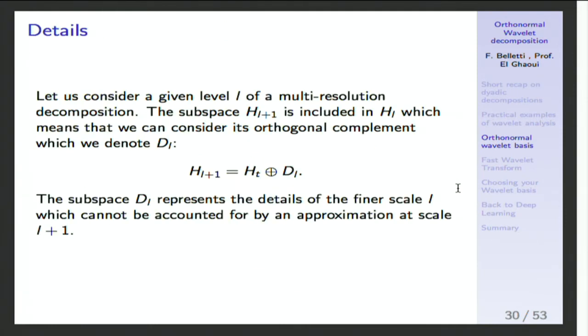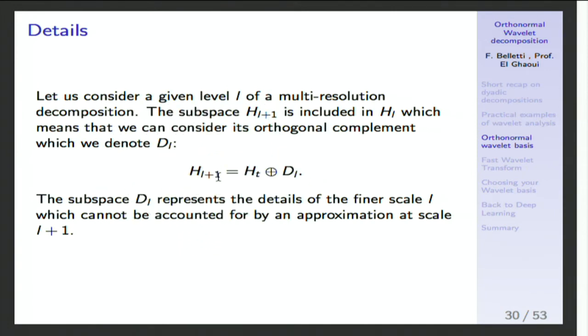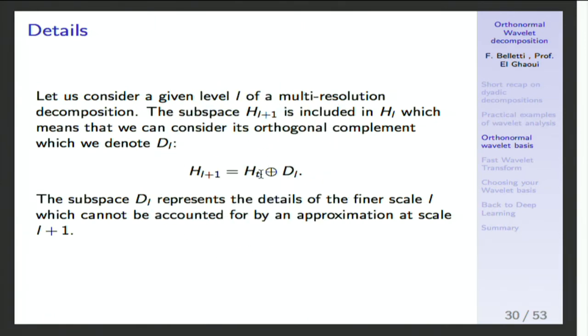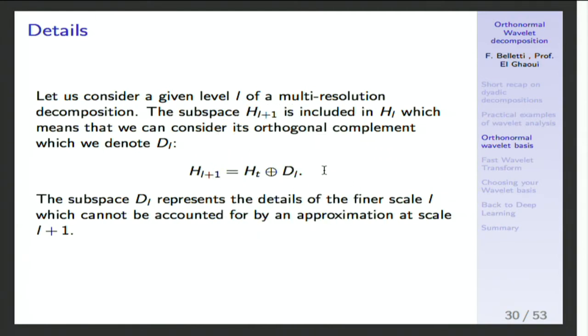And so the way we can end up having an actual orthonormal basis for decomposition is by saying that I can take any subspace of the dyadic decomposition at level L+1, so at a coarser scale than L, and I'll decompose it into the space of finer scale, so H of L, plus an orthogonal complement.